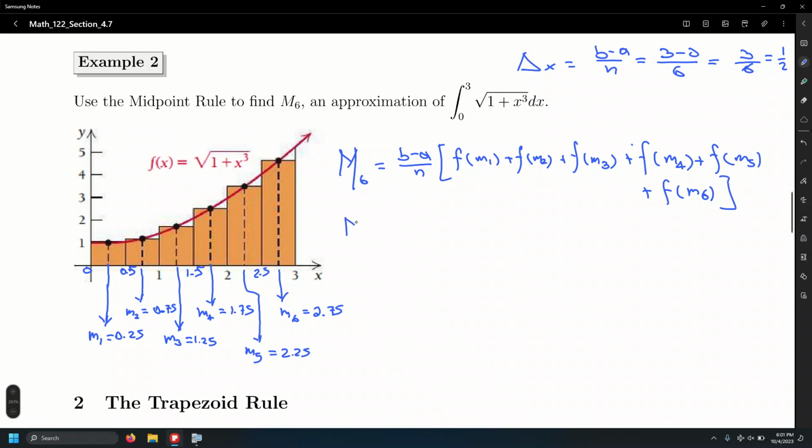That represents the 6 midpoints. So the B minus A over N, we already got it. So M sub 6 equals 1/2.